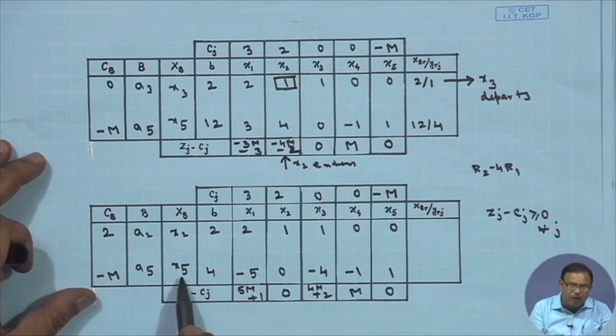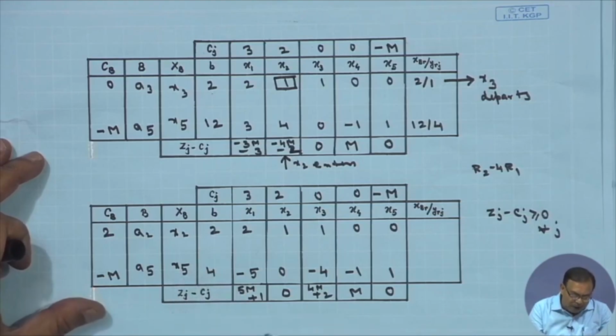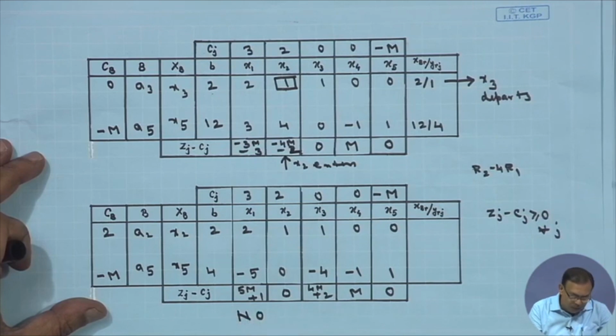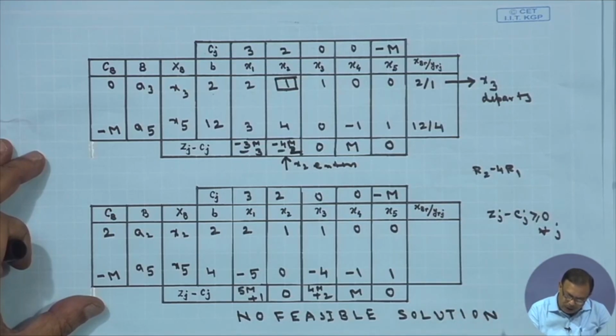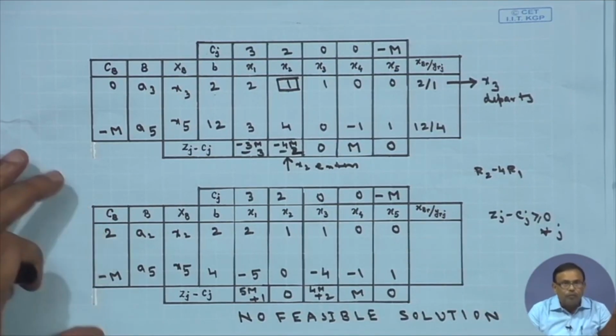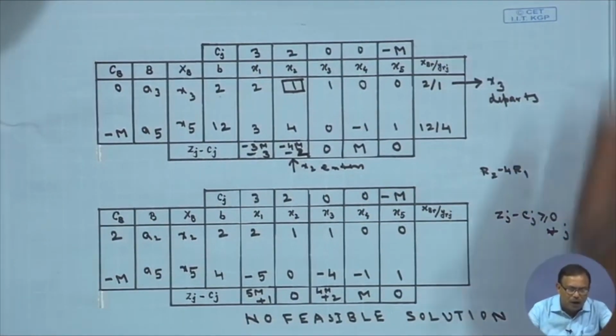Since here x5 is the artificial variable and it is present in the basis, and its value is non-negative, therefore, this particular problem has no feasible solution.